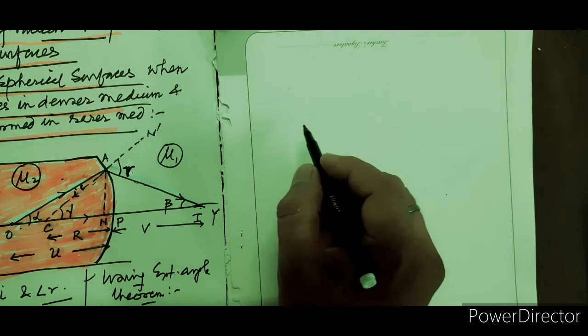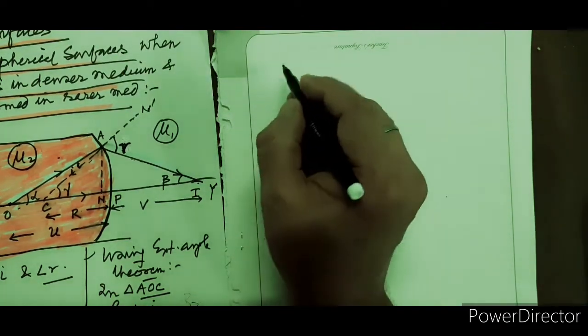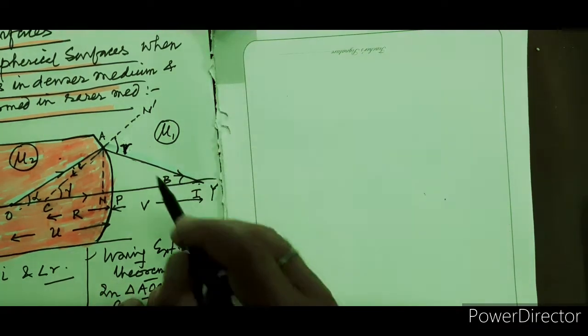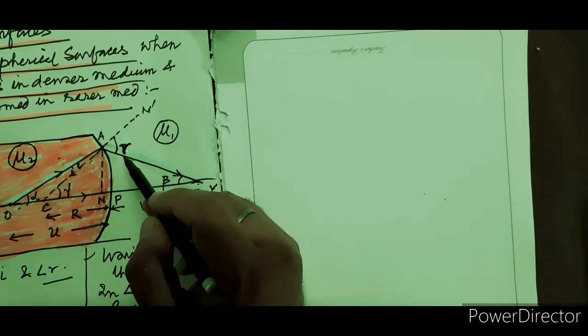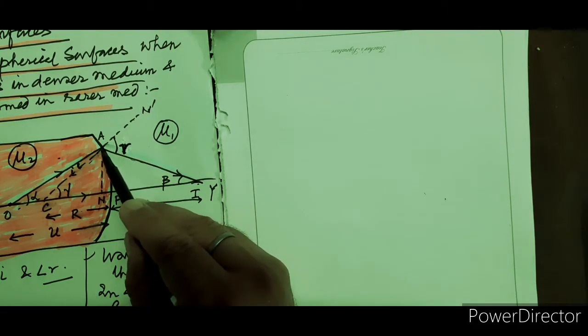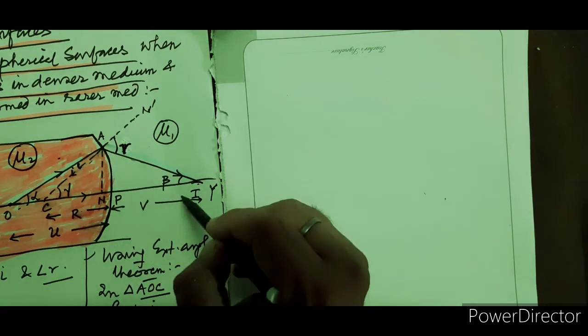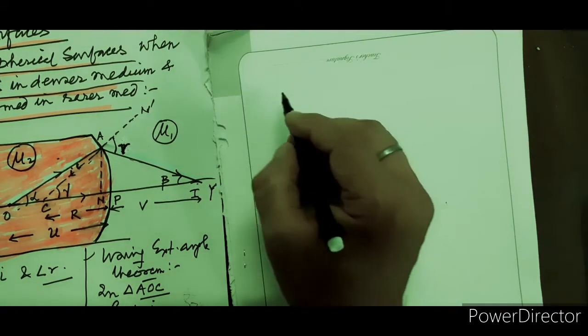Now, after finding the value of I, how to find the value of R? R is here. If we are talking about this triangle ACI, then R is the exterior angle.